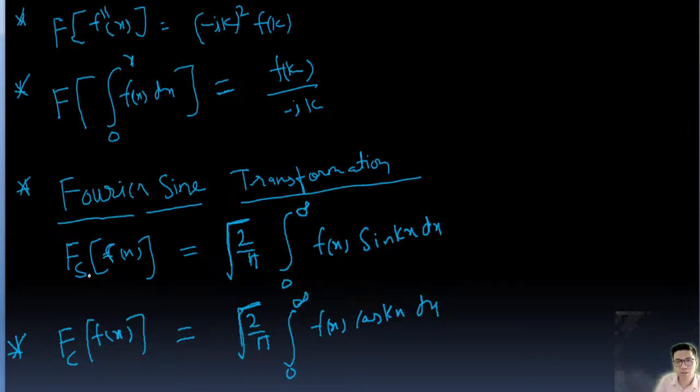Okay, so these are the Fourier sine transformation formula and the Fourier cosine transformation formula for any function of x. Okay, well, these are the properties.